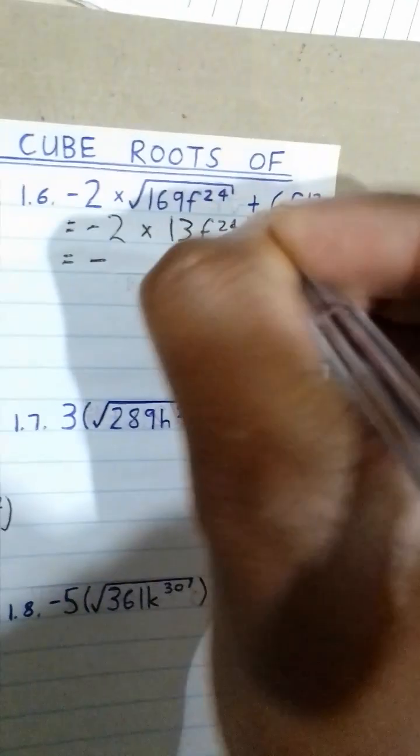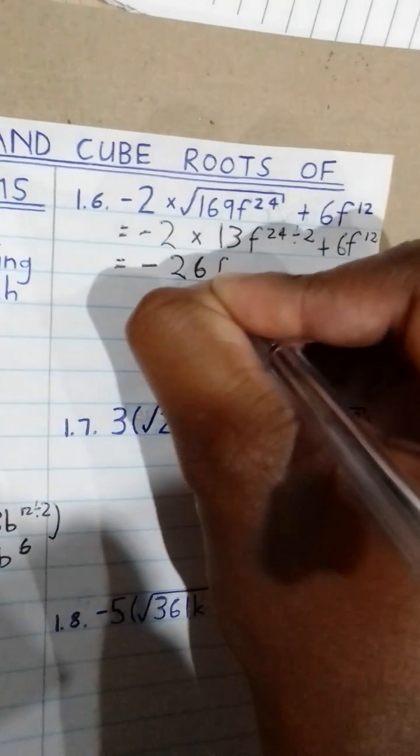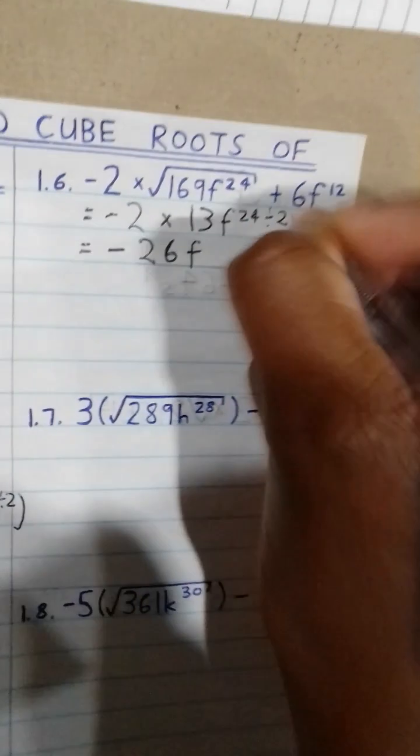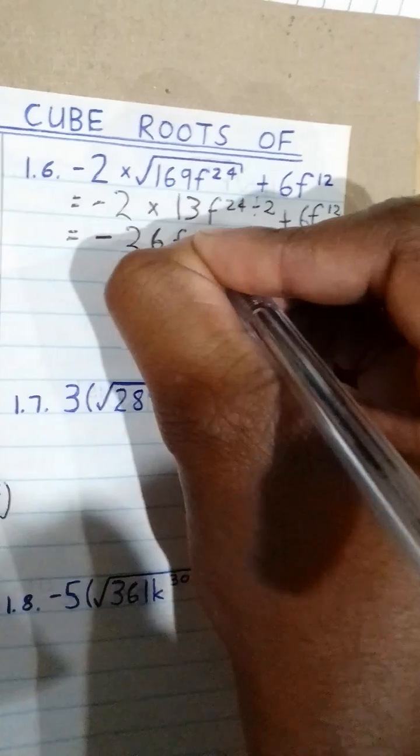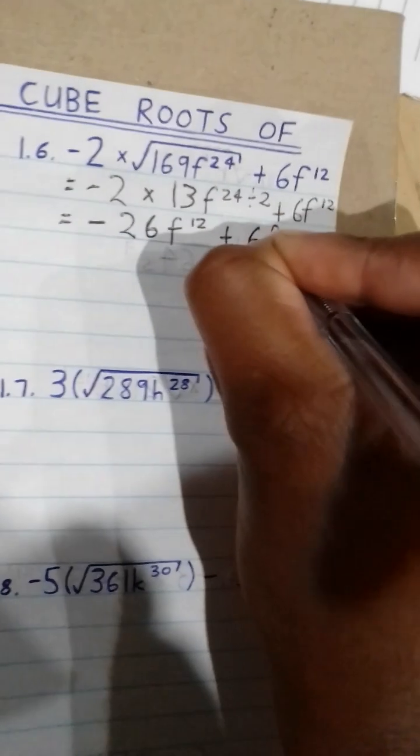Negative times positive, negative. 2 times 13, 26. f, 24 divided by 2 is 12. So negative 26 f to the power of 12 plus 6f to the power of 12.